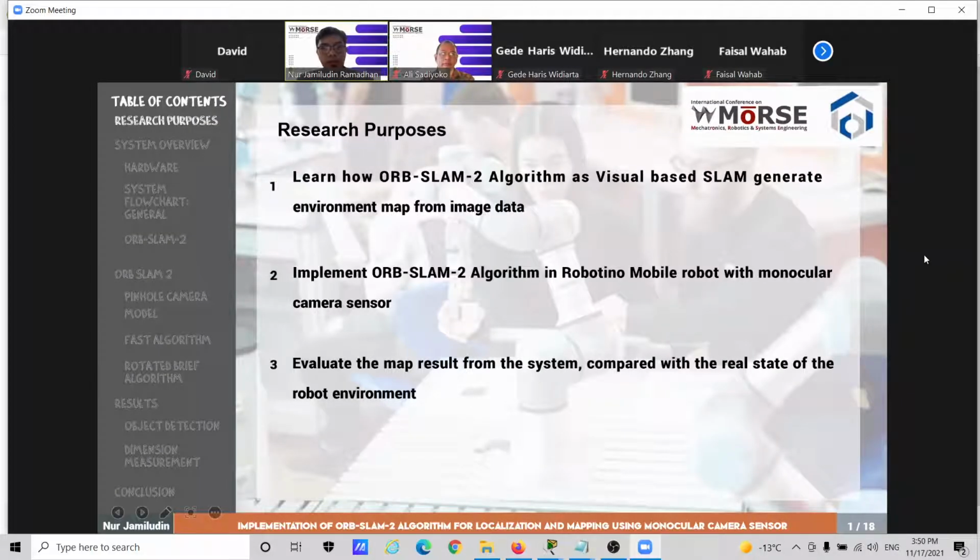The purpose of this research is to learn how the ORB-SLAM2 algorithm, as a visual-based SLAM, generates an environment map from image data, then to implement the ORB-SLAM2 algorithm in a Robotino mobile robot with a monocular camera sensor, and evaluate the map result from the system and compare it with the real state of the robot environment.